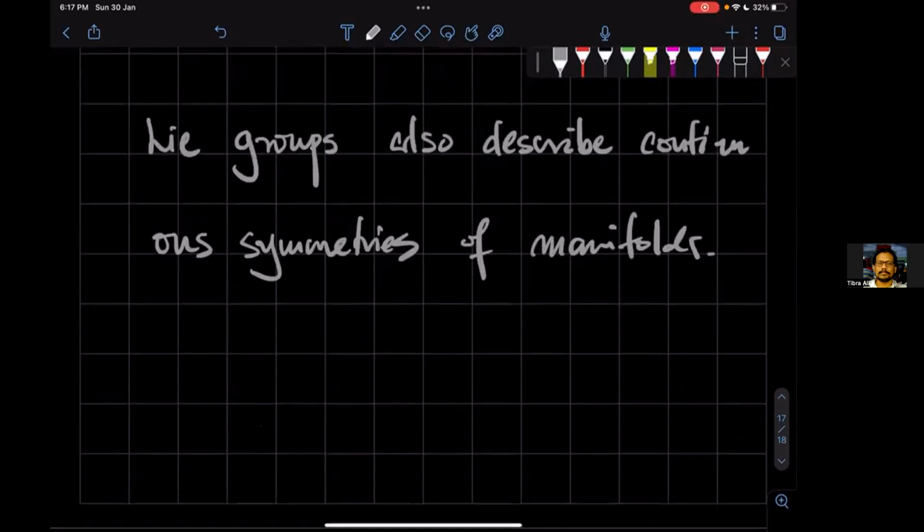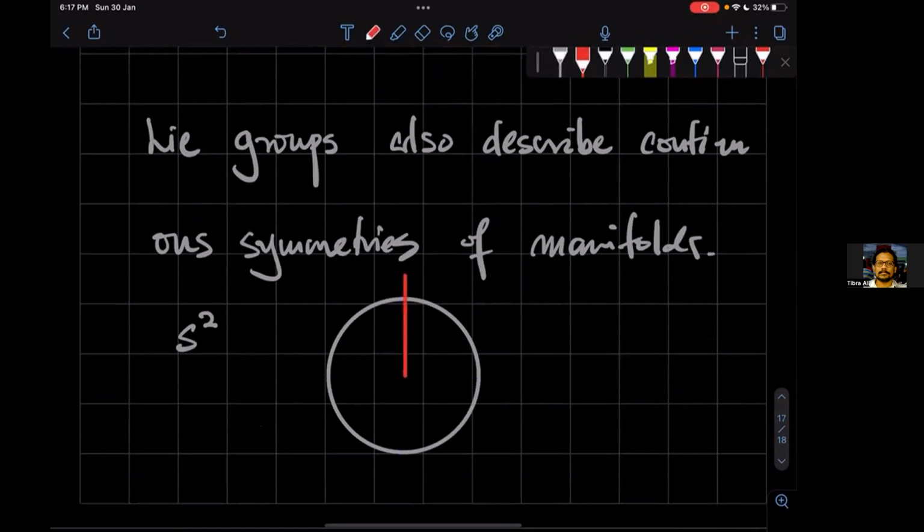So for example, if I take a two-dimensional sphere and put it, say, at the origin of three-dimensional Euclidean space, and I now rotate it, that's a symmetry, right? And all the possible rotations of the sphere form a group, which we will see is called SO3.